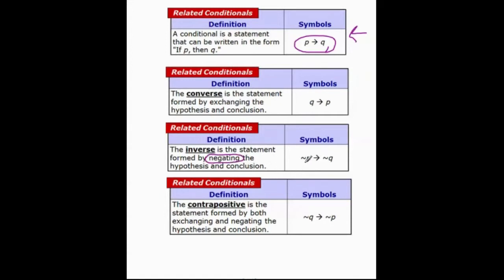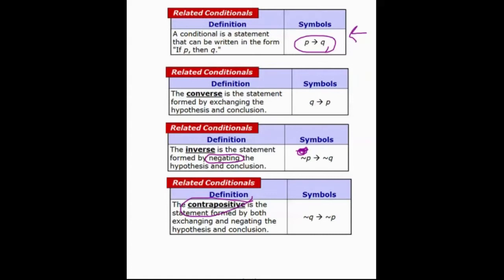Some people even write it with the negative, but we use this little squiggly line in our classes here. So if not P, then not Q. And the contrapositive, a really funny word. If you think about the etymology of it, contra, and well, we won't get into that. But basically it is if not Q, then not P.